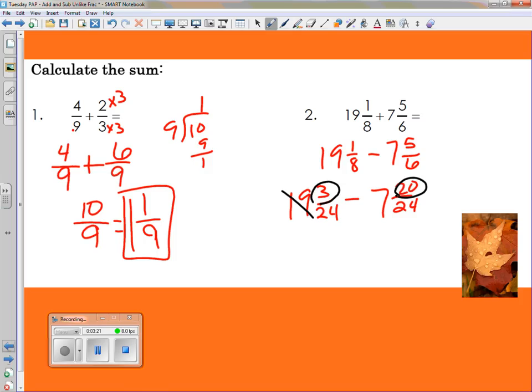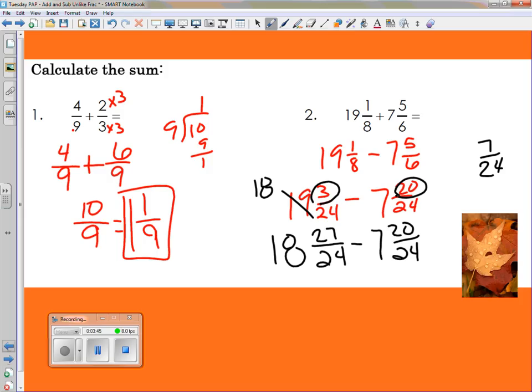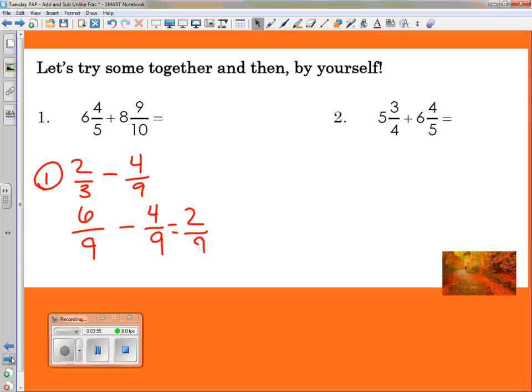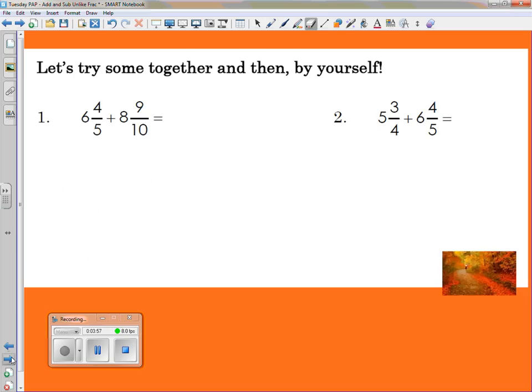No. So I have to borrow. That becomes 18. So now I have 18. And I make that as a 27 over 24. Now I can subtract. 20 from 27 is 7 over 24. 7 from 18 is 11. So it doesn't matter if you're adding or you're subtracting, you're going to always find the common denominators.